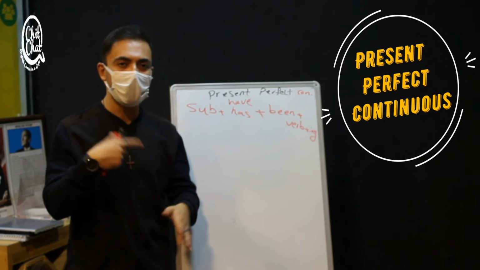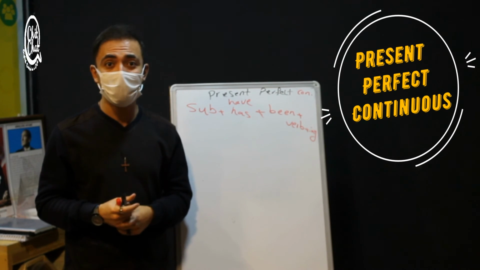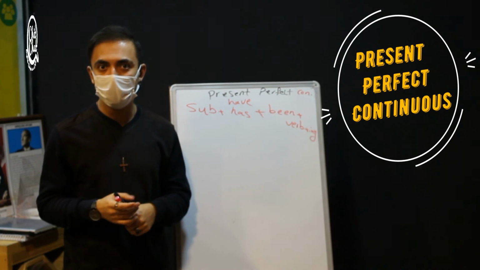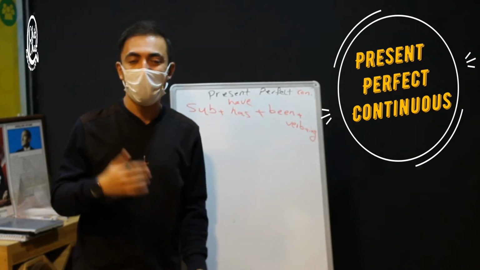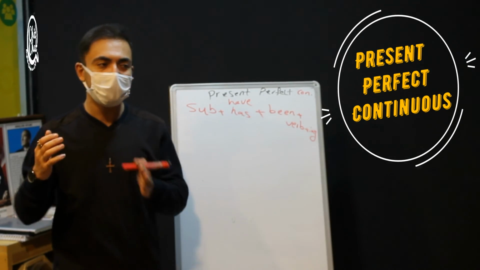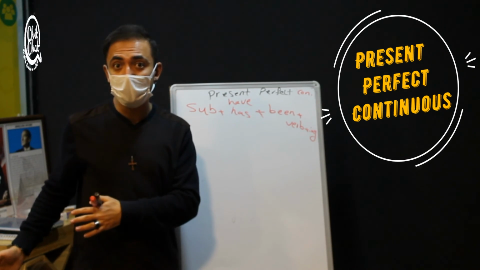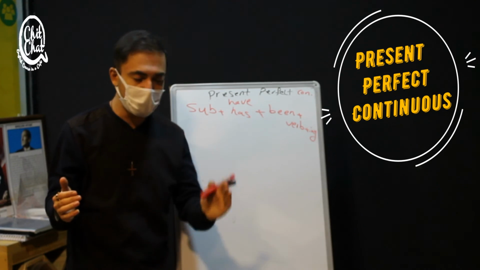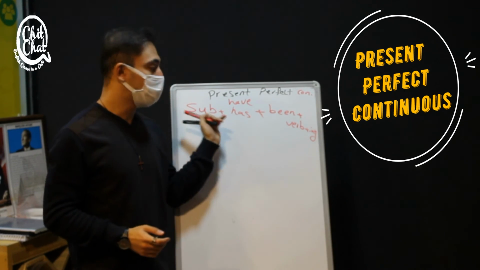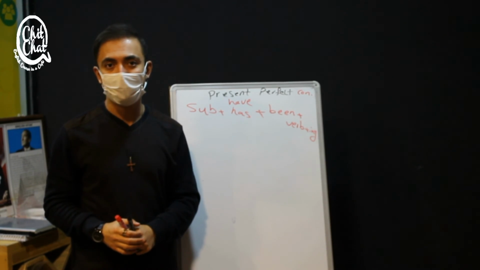So when I come to the class, you can see that my eyes are red and you say, what happened to you, teacher? I can say, I have been crying. It's because it's a very recent action and it was in continuous form. I mean, it started at one time and finished at another time. So I can use present perfect continuous.